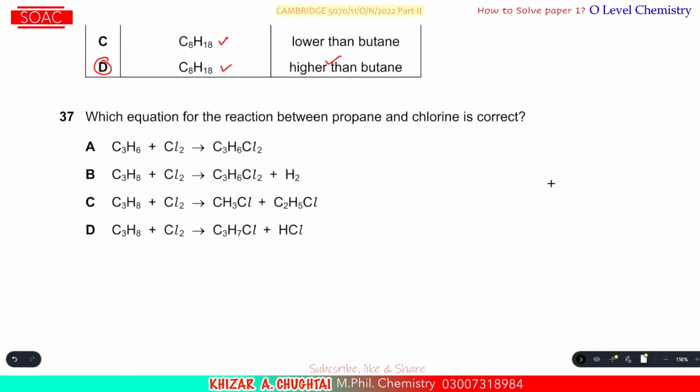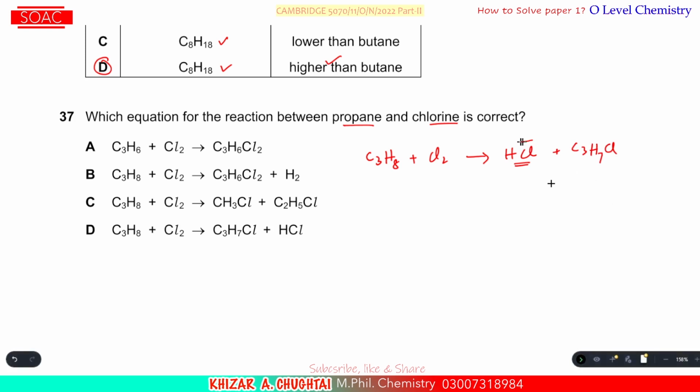Question number 37. Which equation for the reaction between propane and chlorine is correct? Whenever an alkane like propane, C3H8, is allowed to react with chlorine, there is the formation of at least 1 mole of HCl, that is, at least one haloalkane is formed. I mean C3, 1 less hydrogen, 7, and 1 Cl is over here.